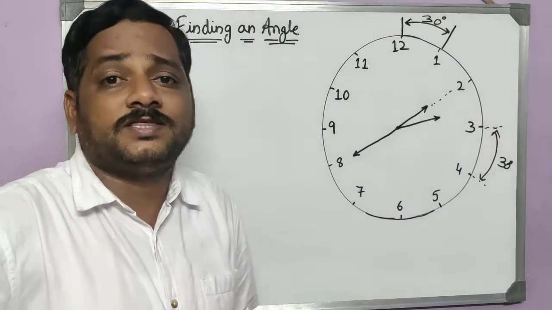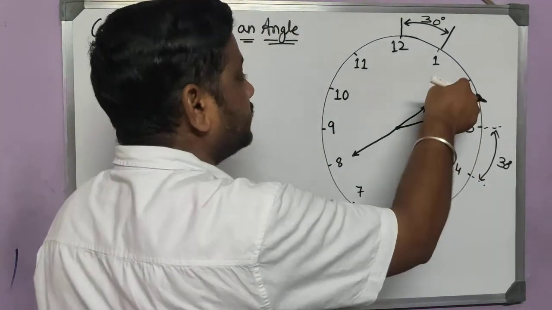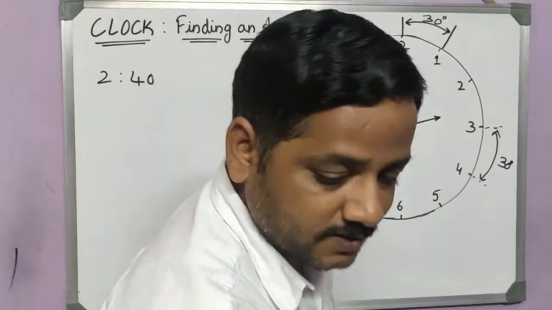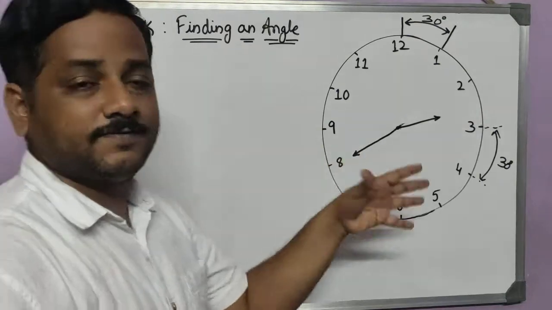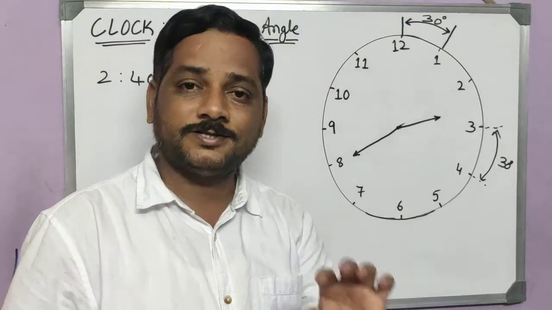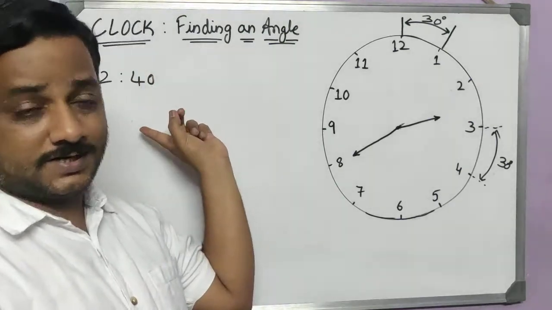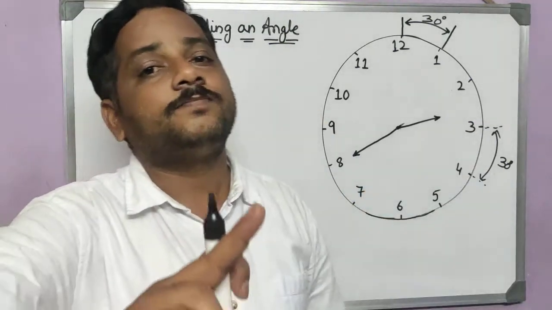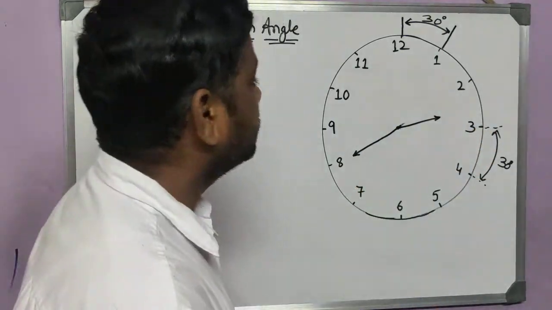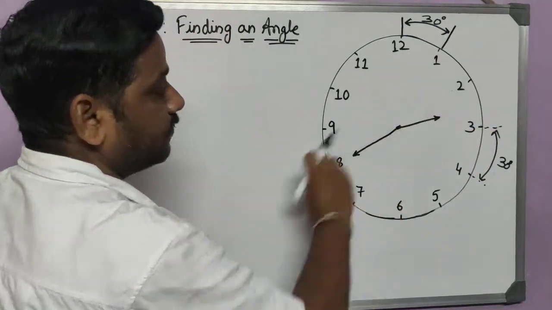But we don't know what the exact angle is. So that's what you need to calculate. This is the first thing you need to understand. Whenever you plot this, you need to make an imagination: 2 hours and 40 minutes means it is more than 0 minutes, so the hour hand will not be pointing towards that exact time, 2 o'clock, isn't it? So now this is what we have, 2 hours 40 minutes.